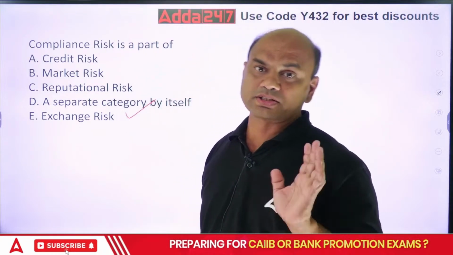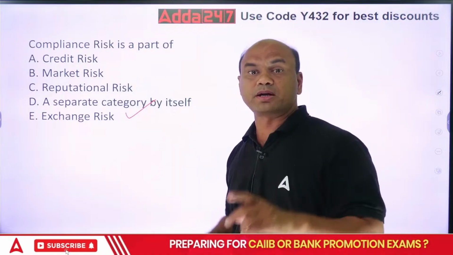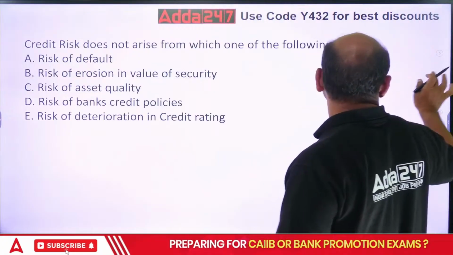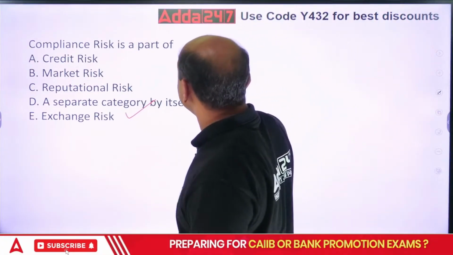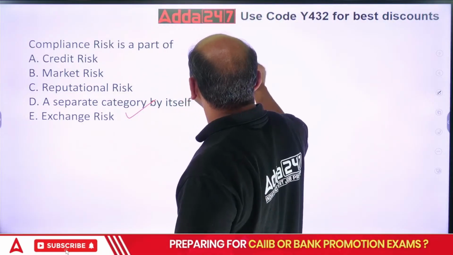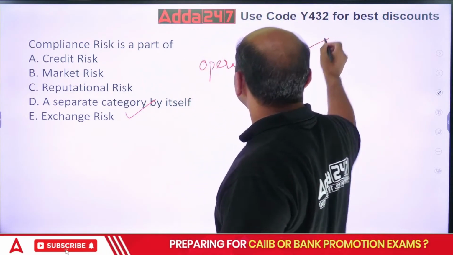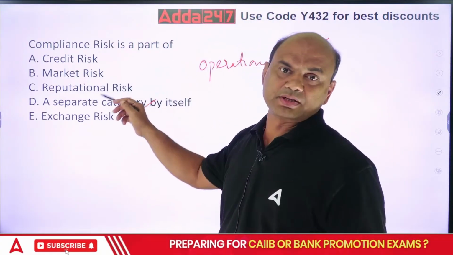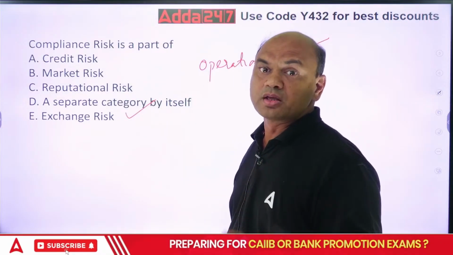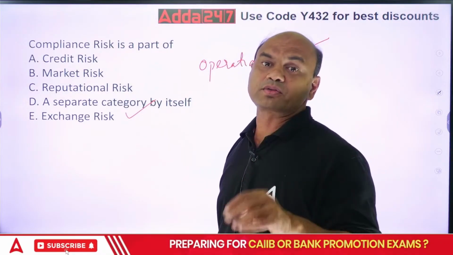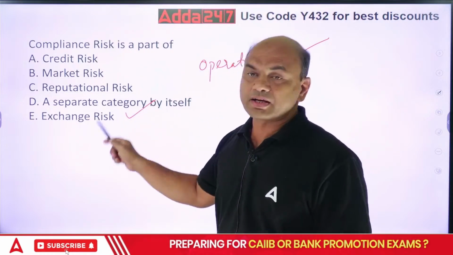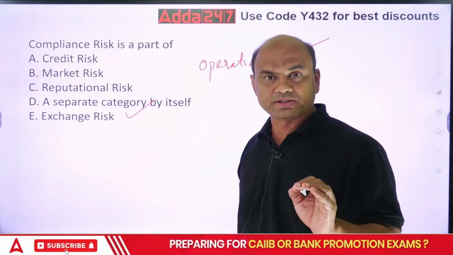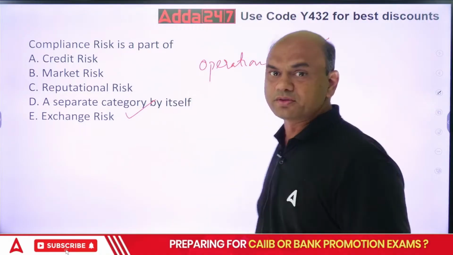But actually, compliance is a part of operations. So in the exam, if they give you the answer as operations risk, then tick mark on operations. Credit, market, ops, reputational: these will be the four options given. Now, if you have a separate question where both operation and exchange are given, then the best answer is operations. If it is not given, then exchange.